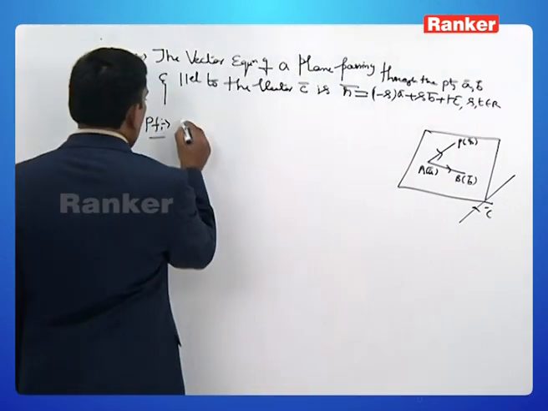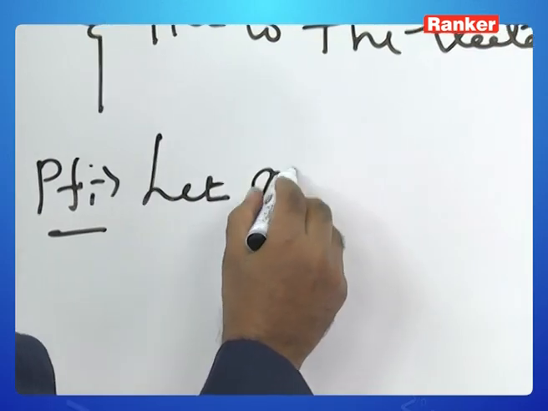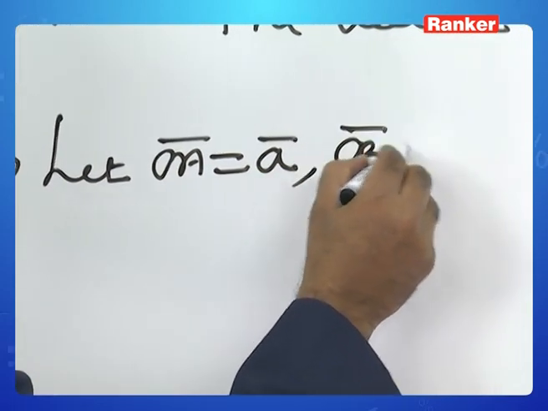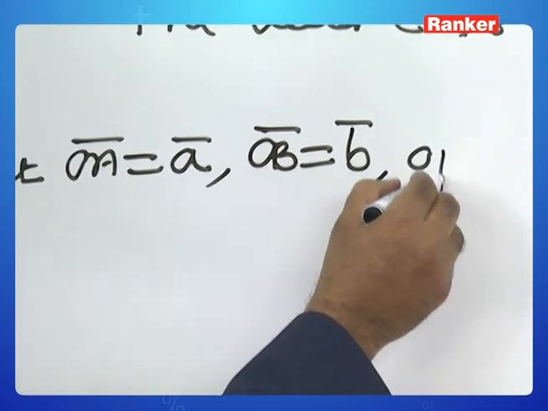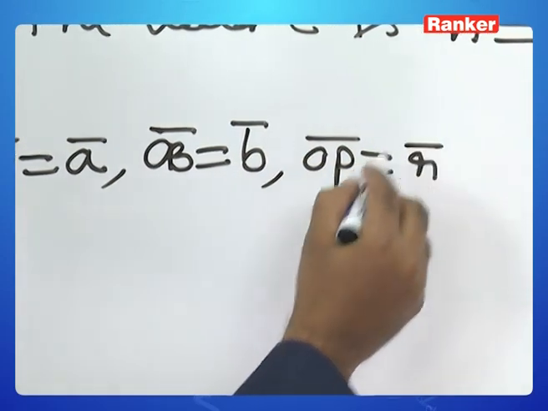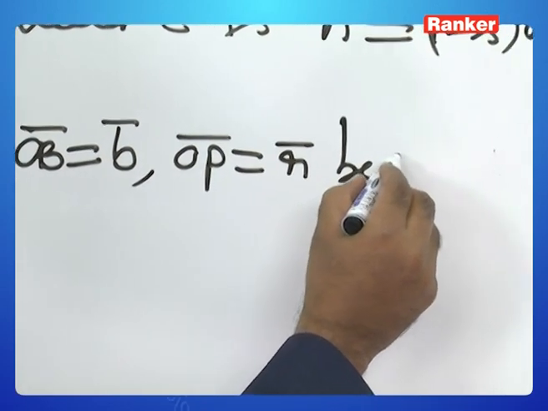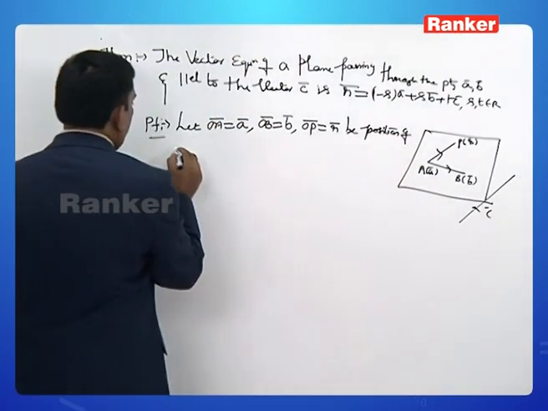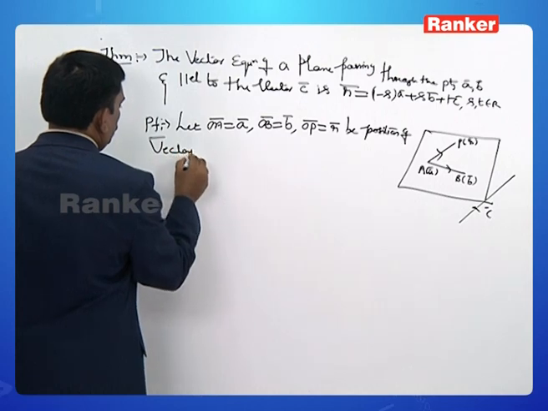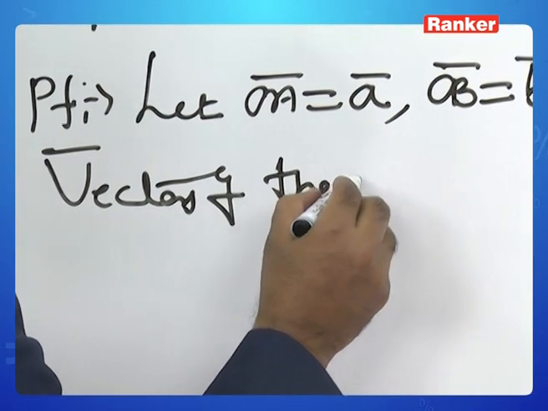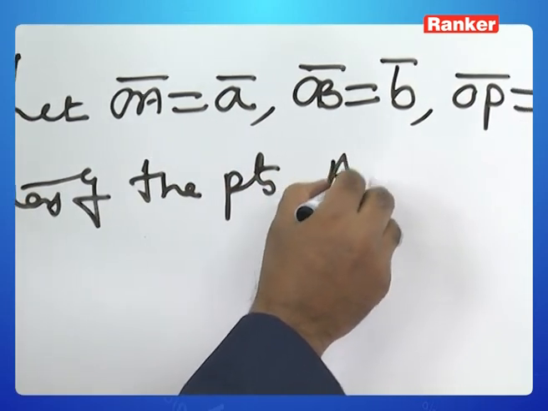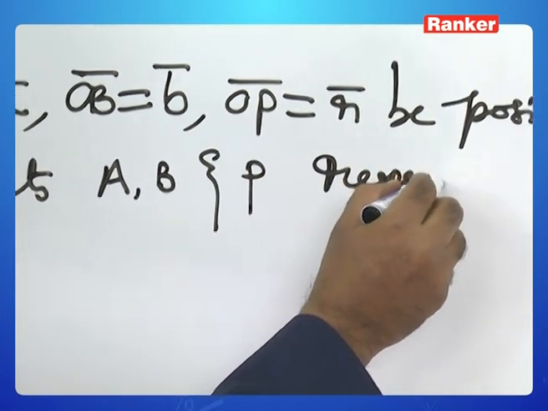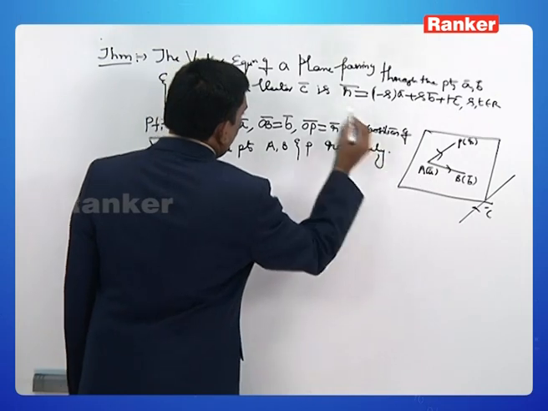Now what I do is, let OA bar is equal to A bar, OB bar is equal to B bar, OP bar is equal to R bar, be the position vectors of the points A, B and P respectively.